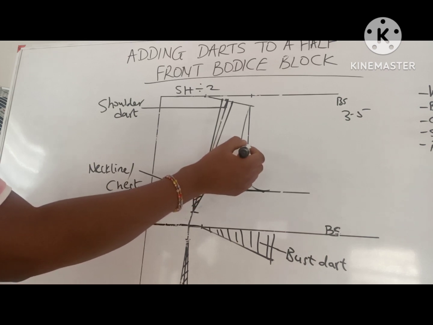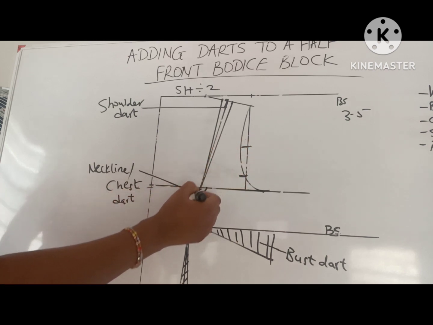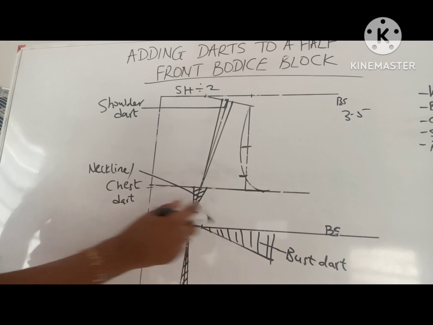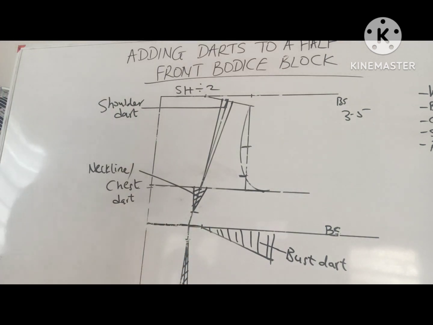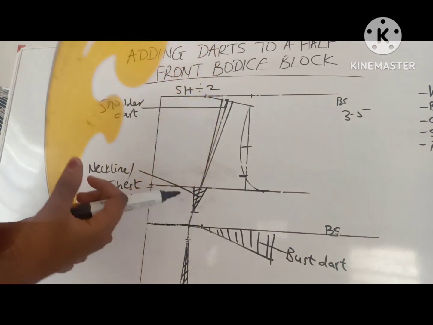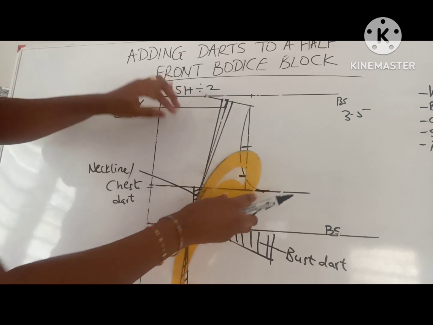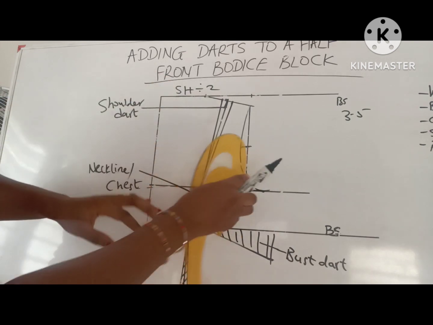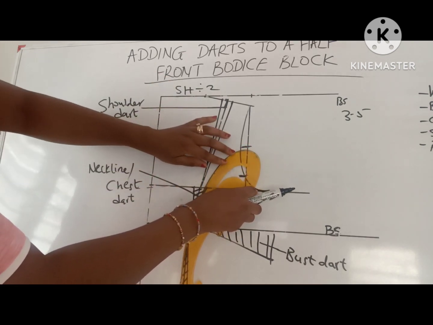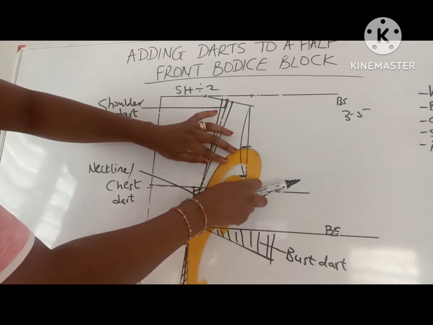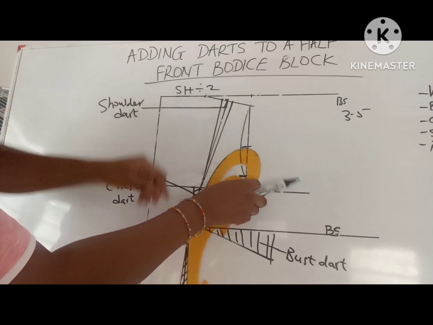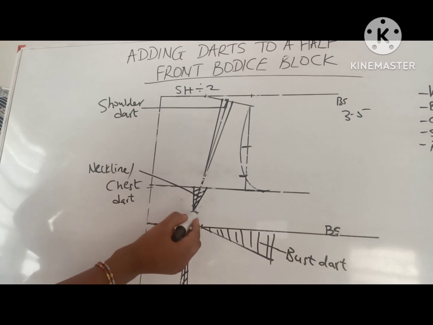You connect this towards the bust area. To draw the princess dart, you need to make use of your French curve. I'm just going to use this. I don't want to erase anything. Just place it like this. I'm going to draw it towards this line.